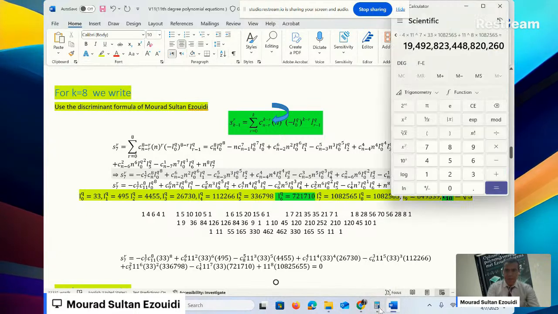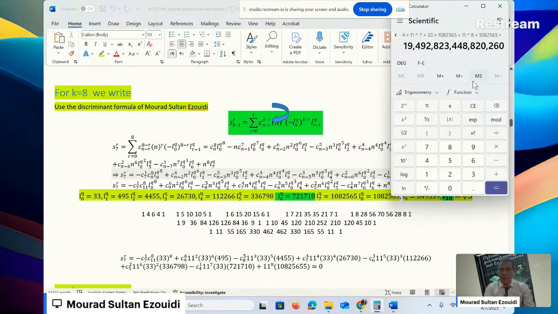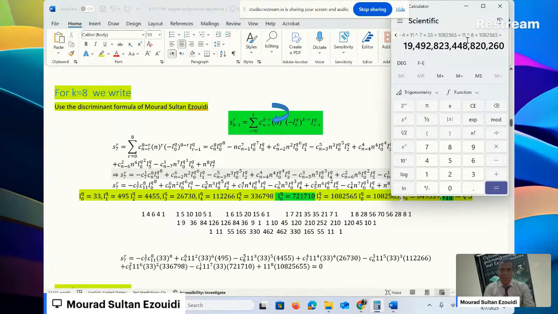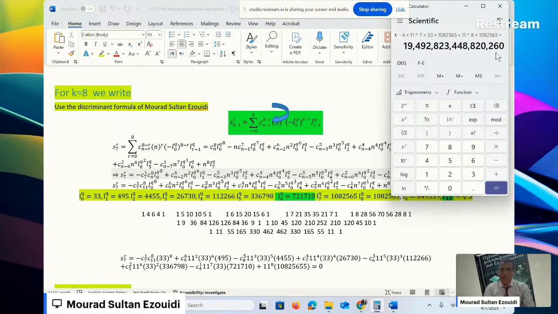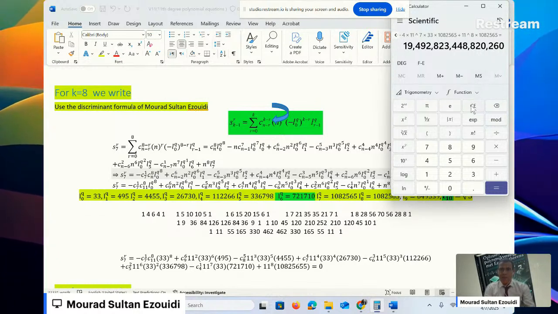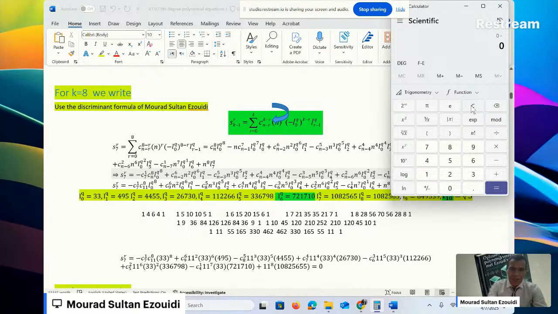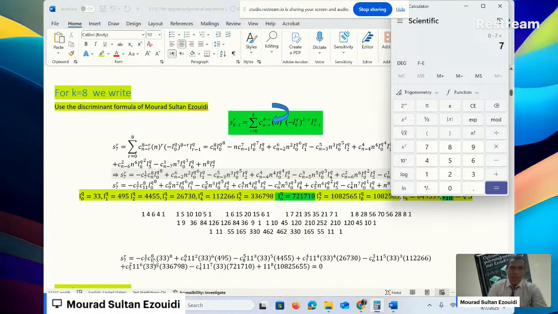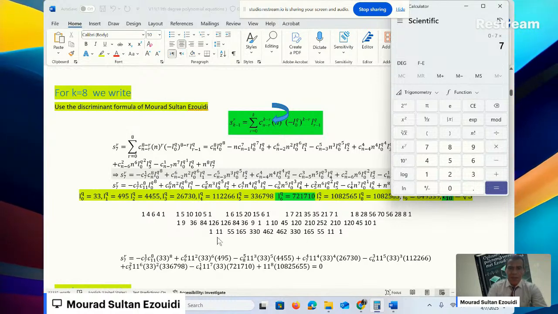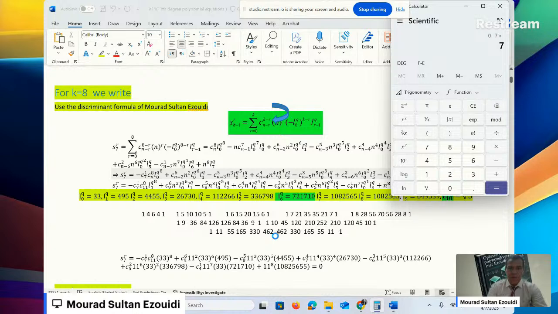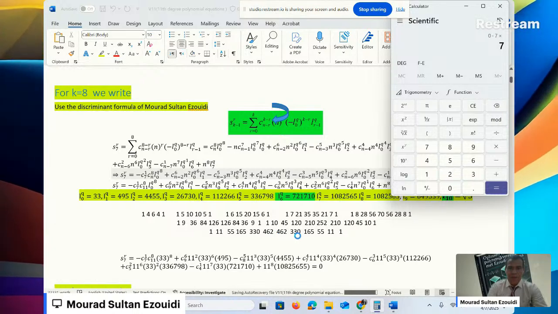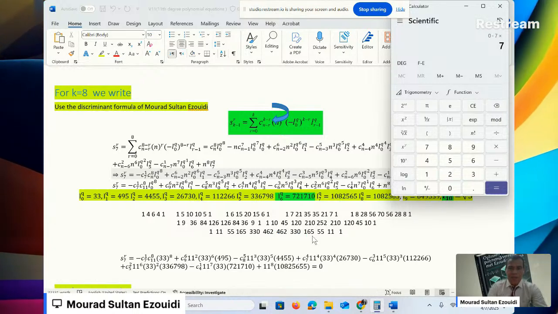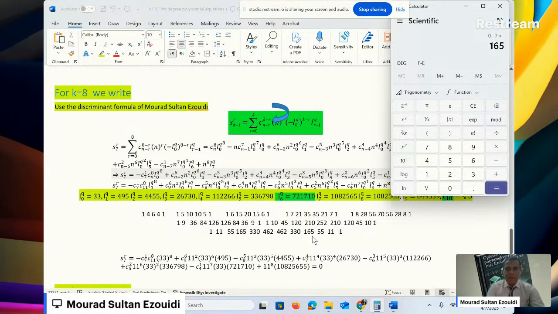Okay. What is the calculator? This is the calculator. Now, okay, let's take it from the beginning. We have -7 multiplied by, look, 11 choose 8. 1, 2, 3, 4, 5, 6, 7, 8. Multiplied by 165.